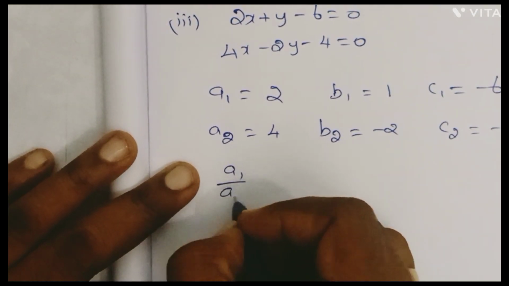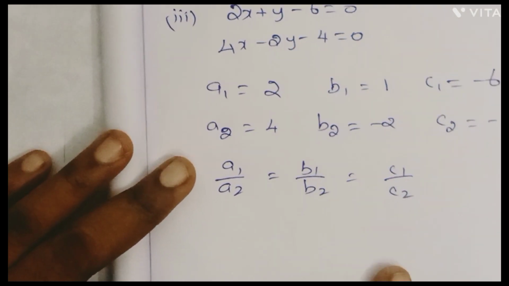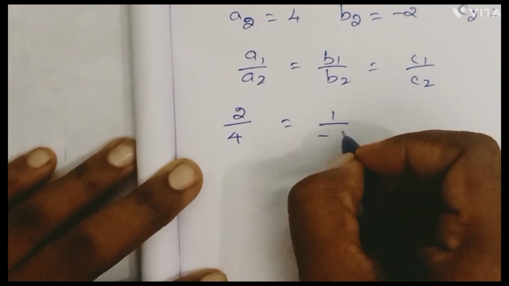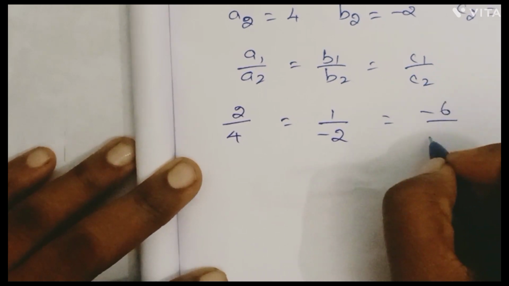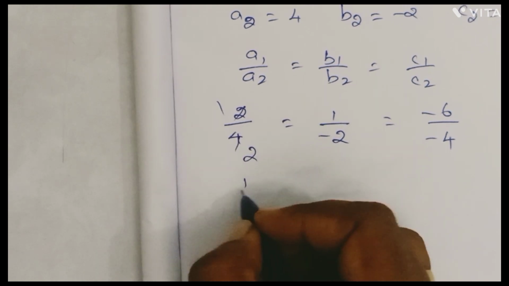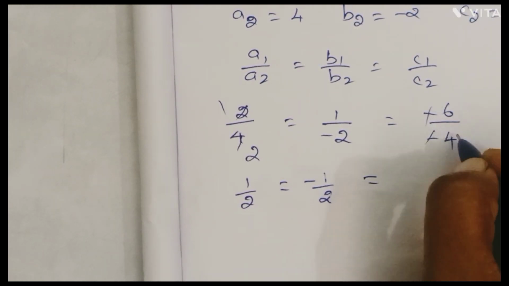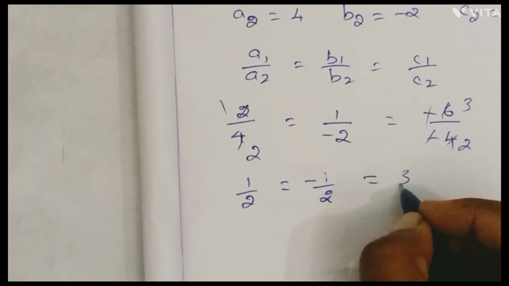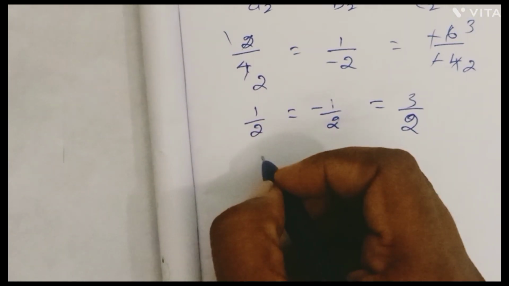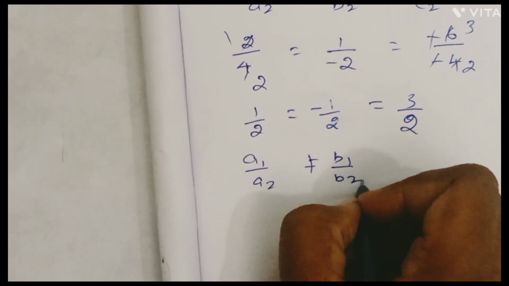So a1 by a2 equal to b1 by b2 equal to c1 by c2. So 2 by 4 equal to 1 by minus 2 equal to minus 6 by minus 4. So 1 by 2 equal to minus 1 by 2 equal to 3 by 2. So in the first case itself it is not equal. a1 by a2 is not equal to b1 by b2.